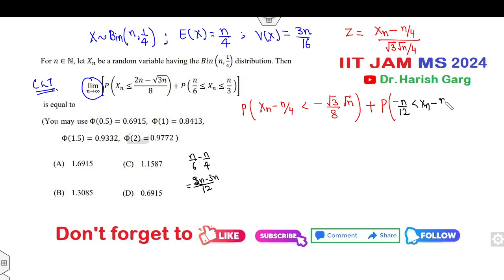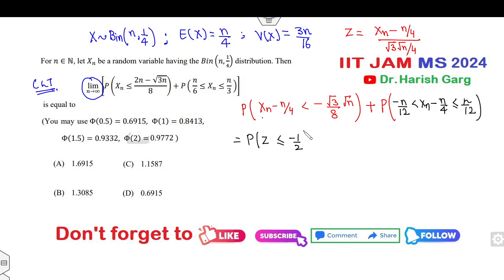Xn minus n over 4, then I can subtract n over 4 in this case. So it is 1 over n over 12. Fine. Now you can divide it by root 3 root n into 4. So this part is my Z. The term root 3 root n will be cancelled, 4 in the numerator.